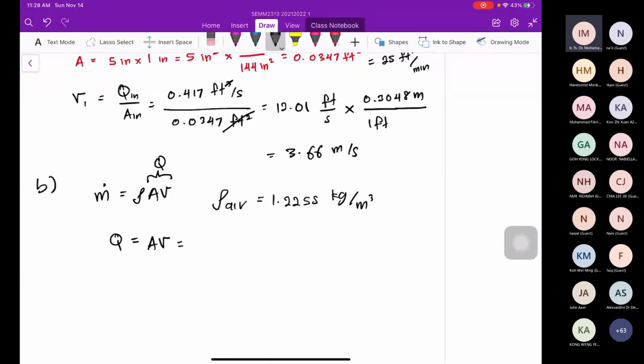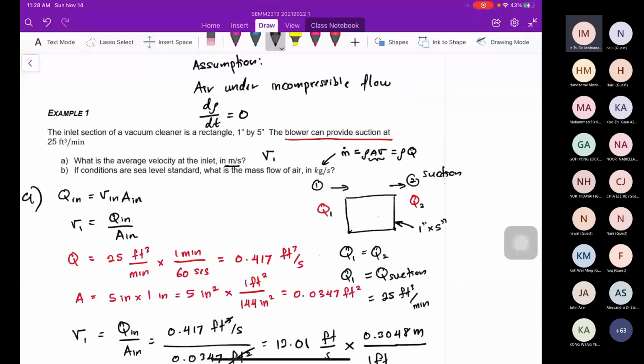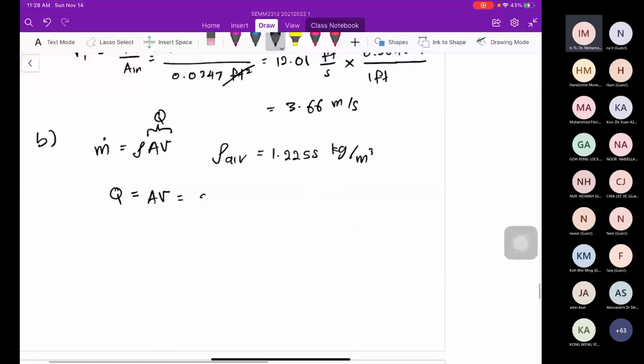Given Q is 25 feet cube per minute. I want to do the conversion from feet cube per minute into meter cube per second.